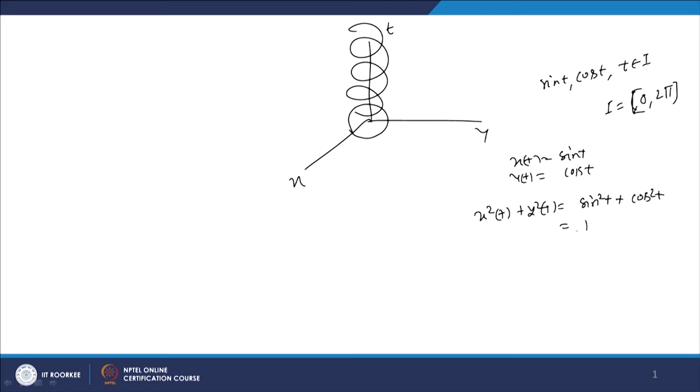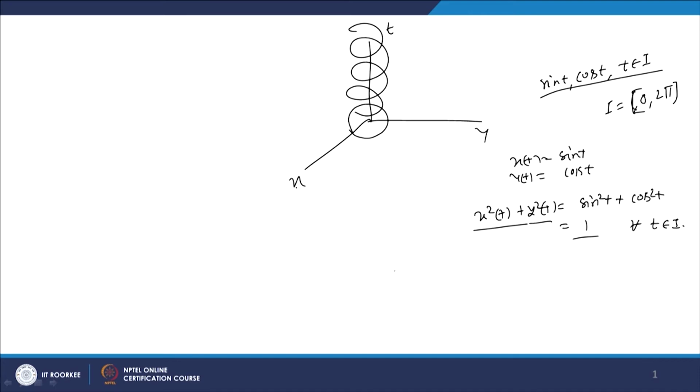So not only does this solution curve trace a curve in 3 dimensions, it also traces a curve in the xy plane, and the curve is given by x²(t) + y²(t) = 1 for all t belonging to this interval I.